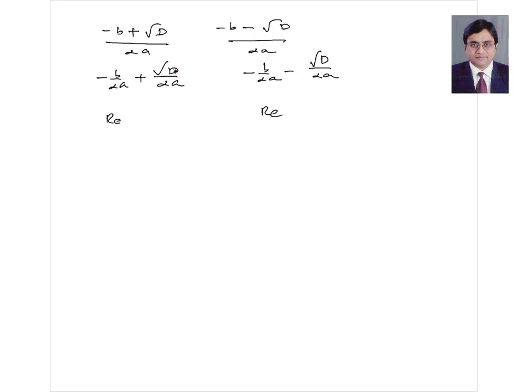Root d is the problem. Root d means root of -5 type of thing. So we say this is the imaginary part. That's where the difference is. And interestingly, you will find root d by 2a, root d by 2a. That means they are also identical. So the difference is only in the plus and minus signs.